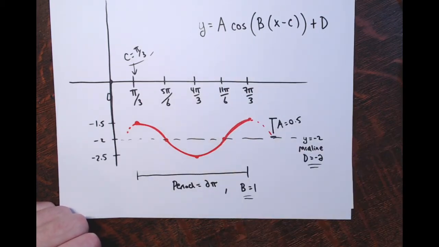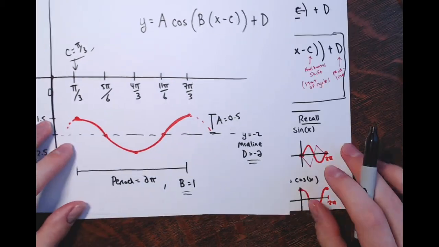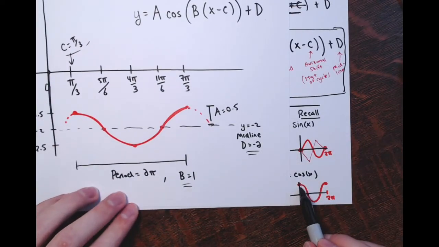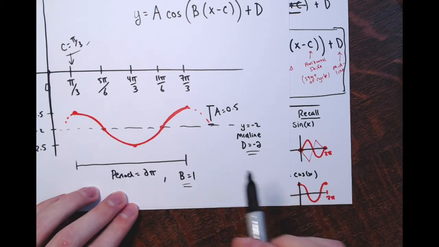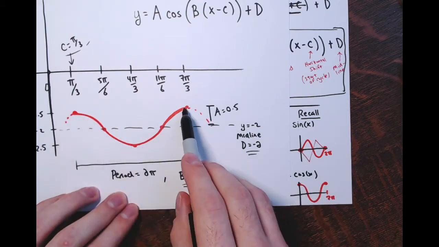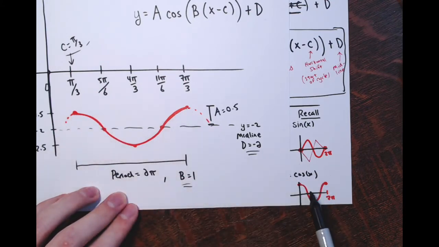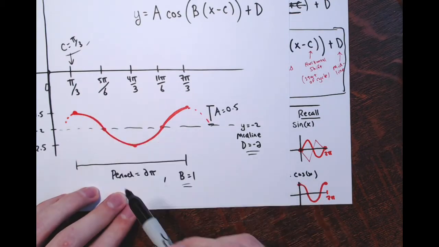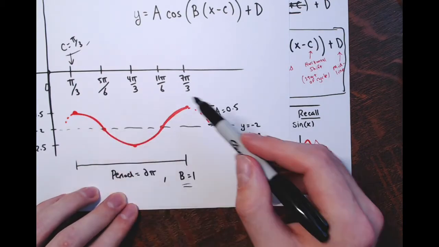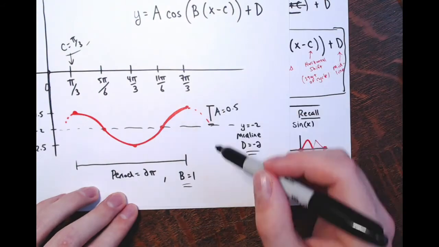Look at the orientation of the original cosine. The original cosine starts at the top of a hill and then goes down and up. So does this. It has the same orientation as plain old cosine. So there's no flip. If there was a flip, I'd say that a was negative. Make it negative half.